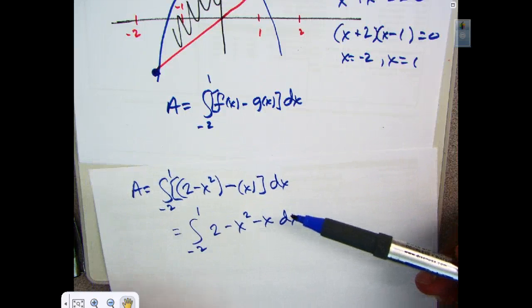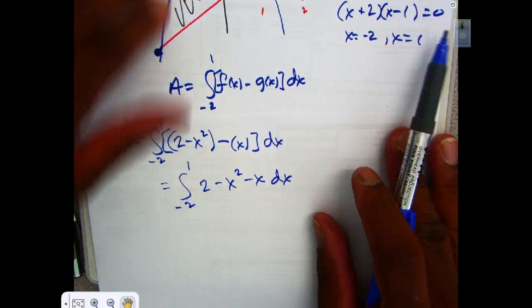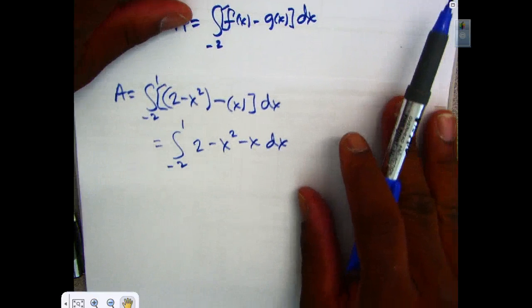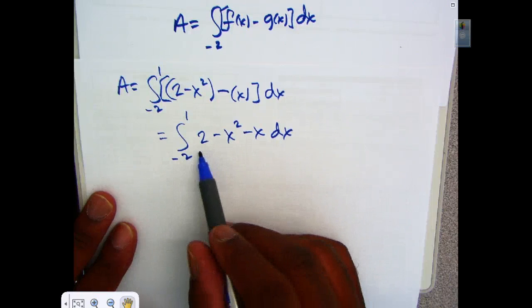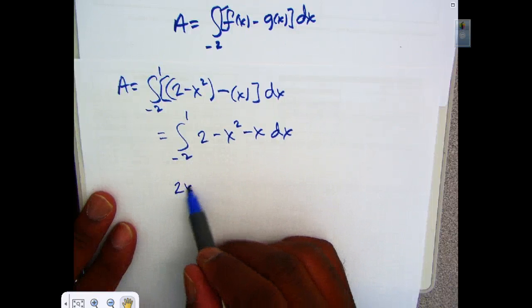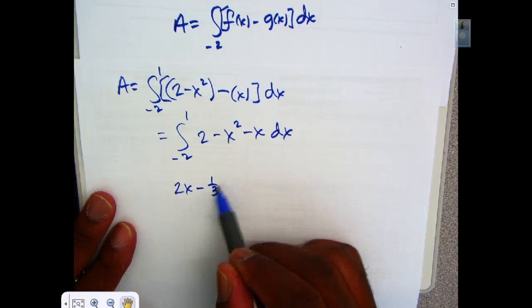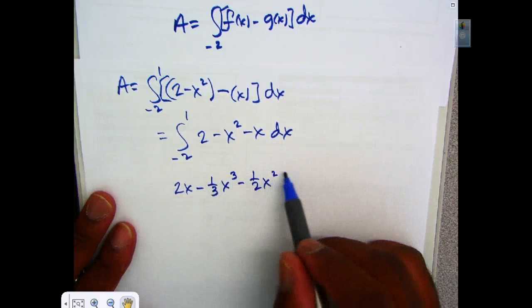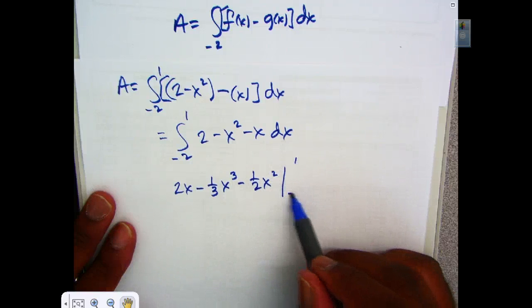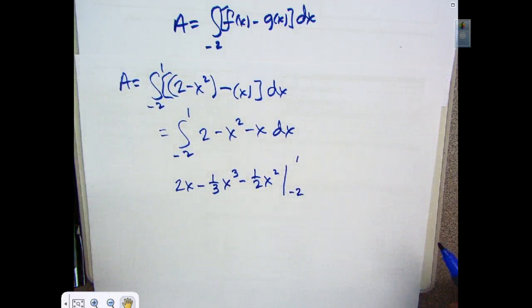I've seen some crazy stuff with the arithmetic, especially when you're dealing with fractions, which in this case we are. Okay, so the antiderivative gives us 2x minus 1/3 x cubed, and then minus 1/2 x squared, and then we're going to evaluate that from -2 to 1.